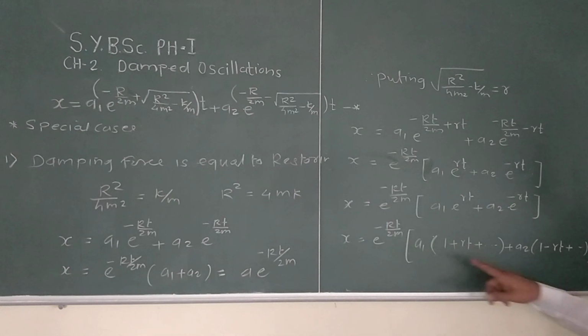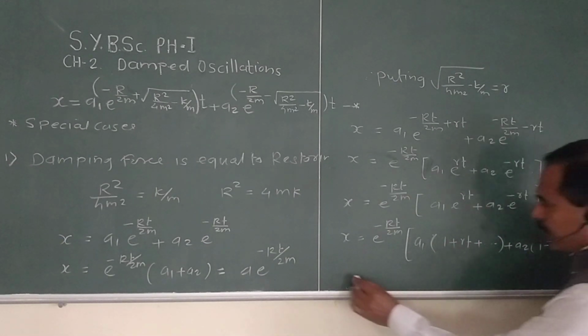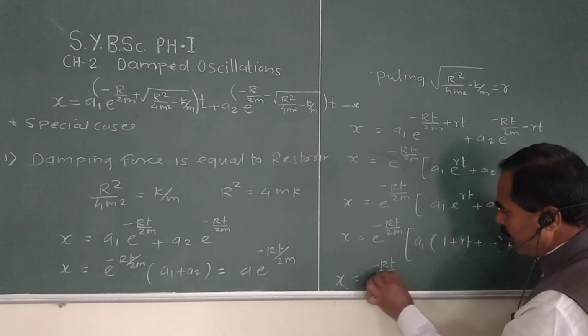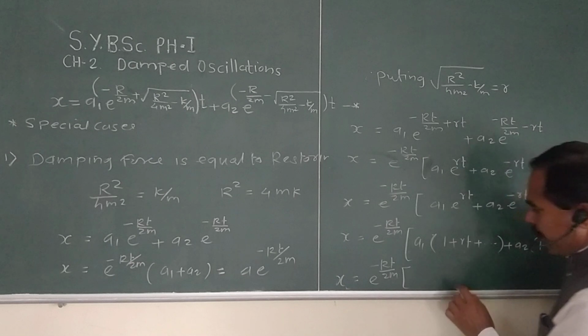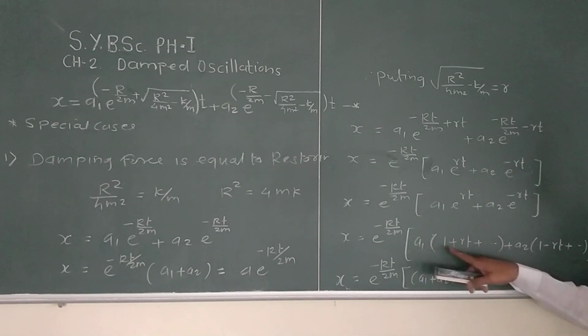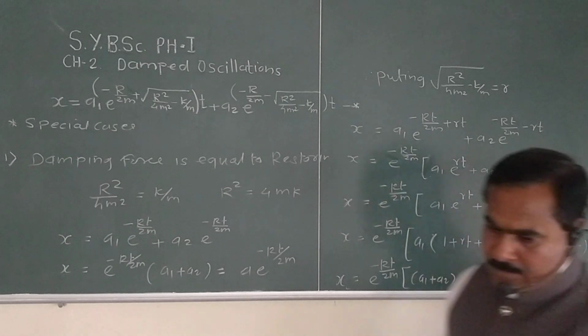Then we take common, that means a1 plus a2. In next step we write x equal to e raised to minus rt upon twice m. In bracket we take first a1 plus a2 common, and then in next term we take common rt.